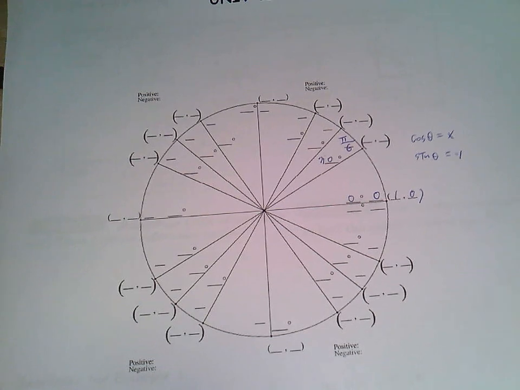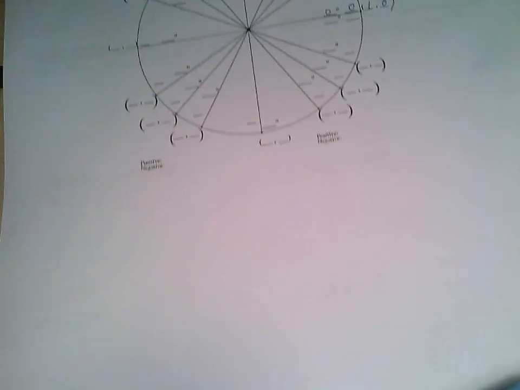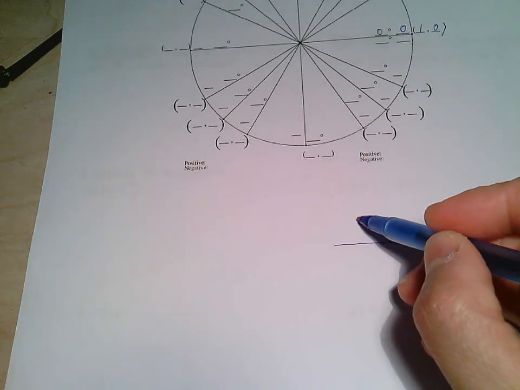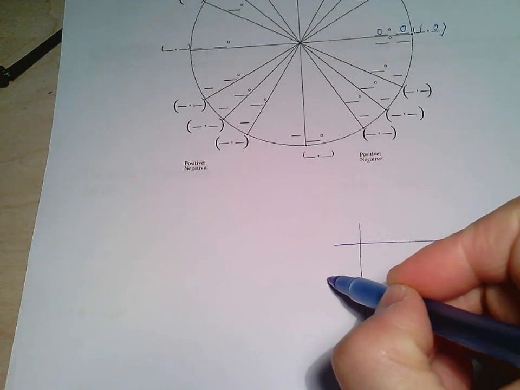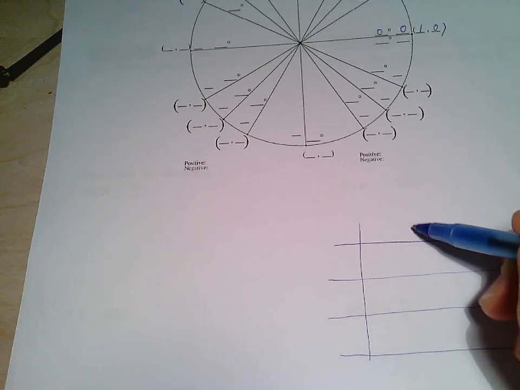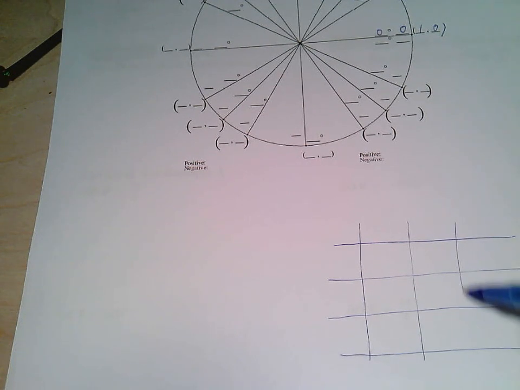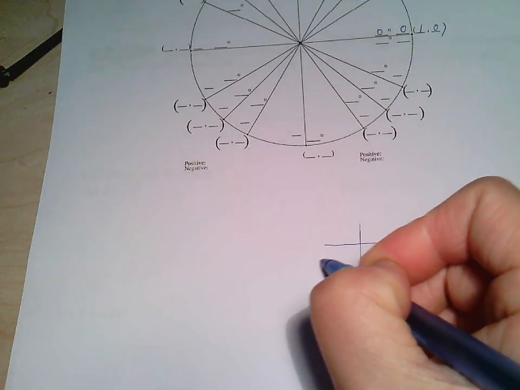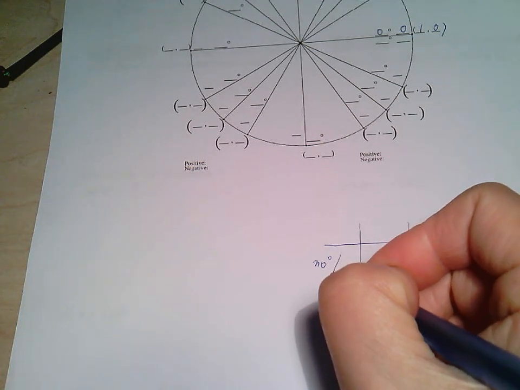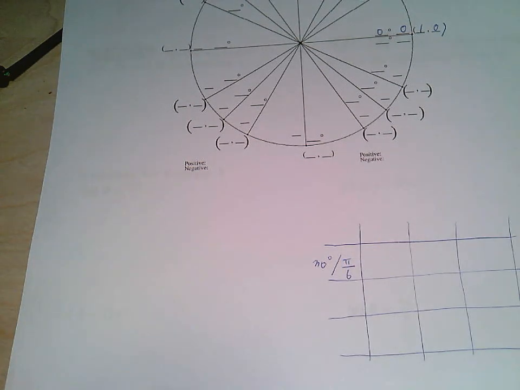Before we fill it out, I hope you have this memory of the special angles. So now this is sine, cosine, and tangent. Okay, this one is in degrees, so this one is 30 degrees, which is pi over 6.